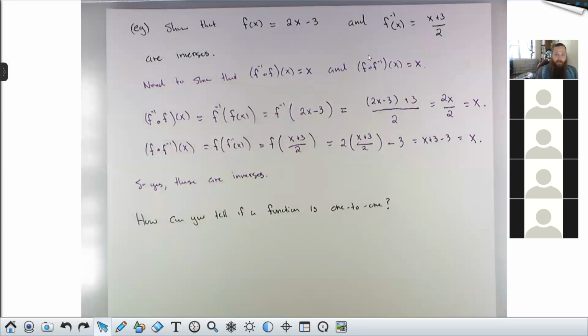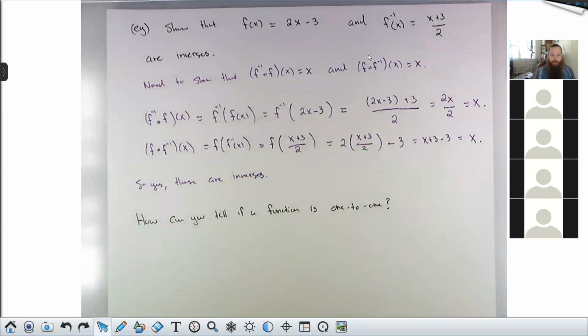Well, if you have the mapping diagram for that function, it's easy, right? You just look and see, are there any two arrows that point to the same output? If you have a table for that function, it's very easy. Again, you just have to ask yourself, do different inputs go to different outputs? Do any outputs get repeated?